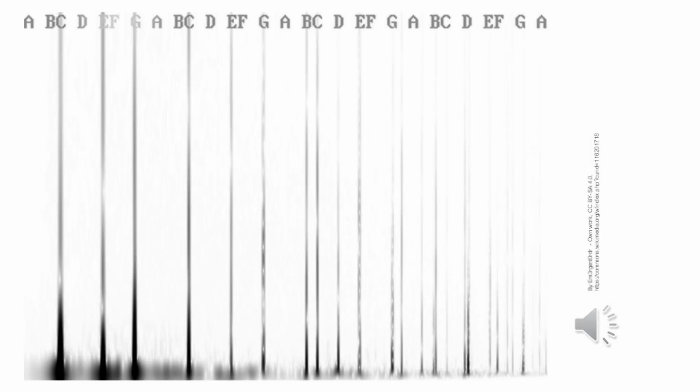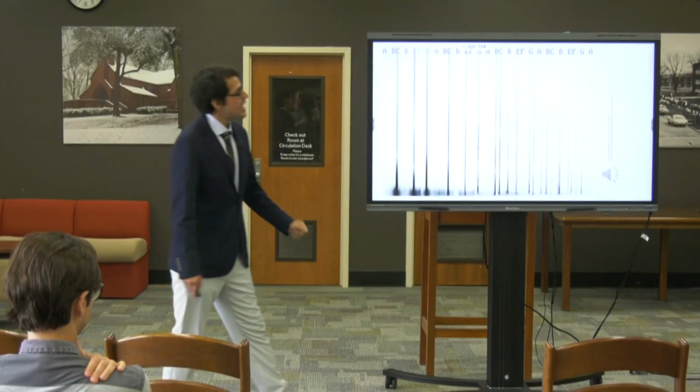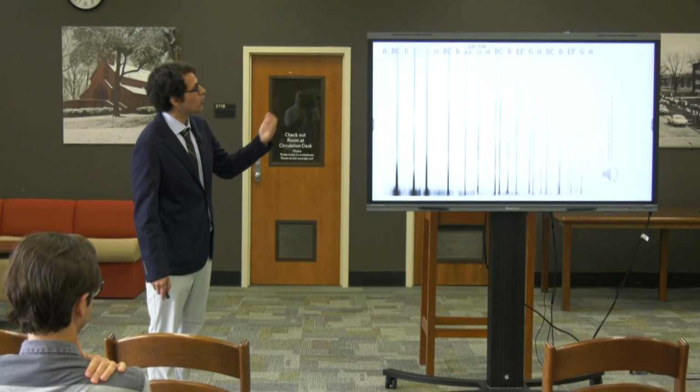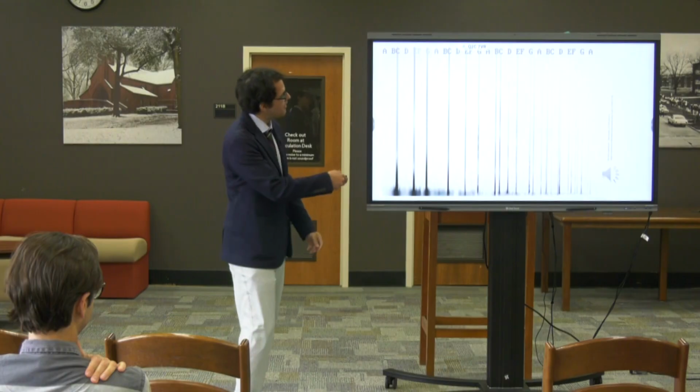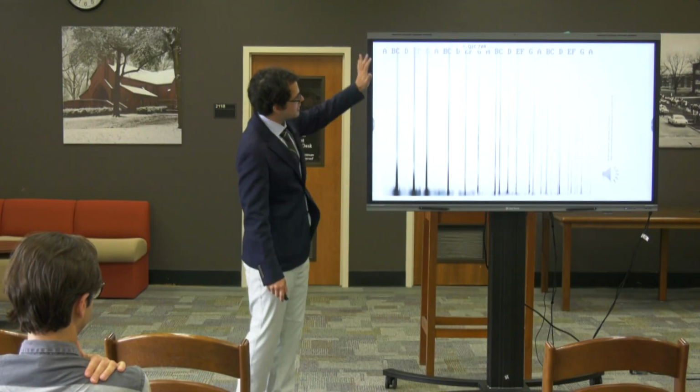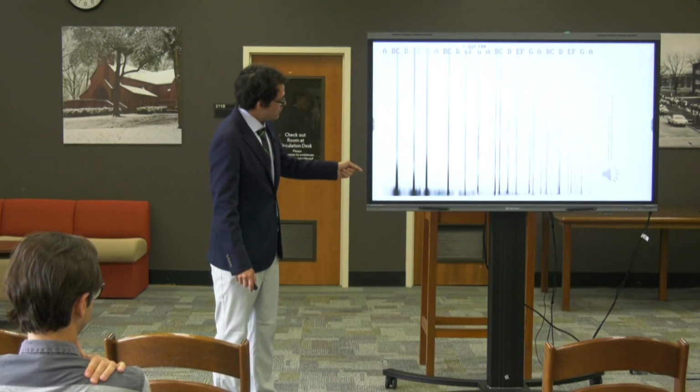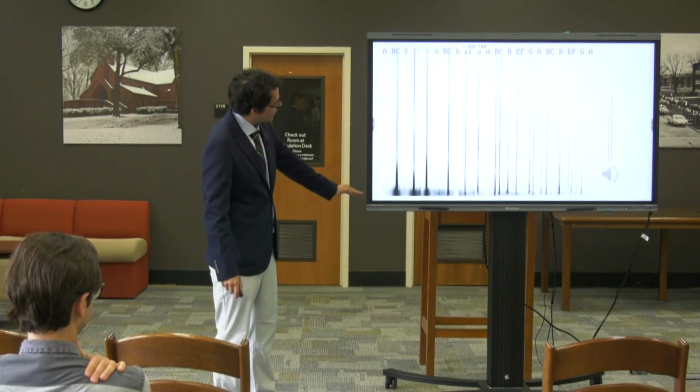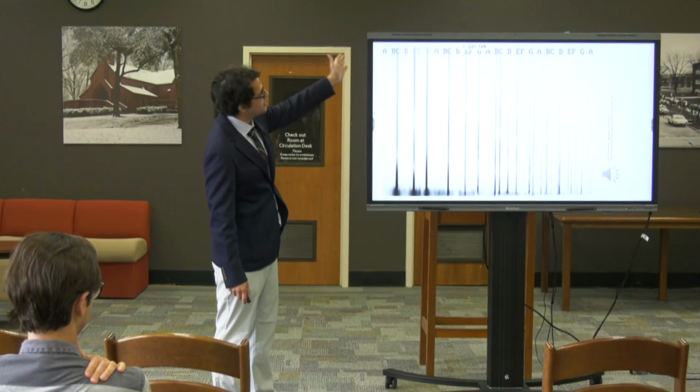So here is a representation of the overtones that you will hear if you play a C chord. Let's put in perspective what this slide is saying. From bottom to up is the time component.